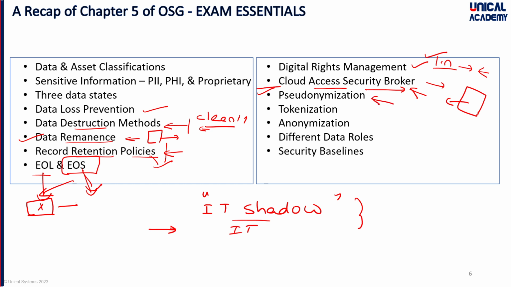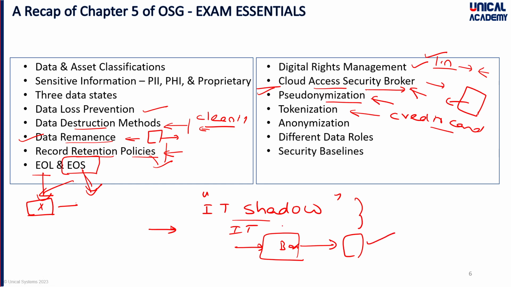Pseudonymization, this we briefly covered, giving the pseudo sequence to protect the individual's identity is pseudonymization. Tokenization, that is used in the credit card industry. Majorly, tokenization is a box. Credit card number goes, the tokenization actually generates the token for card approval or process.